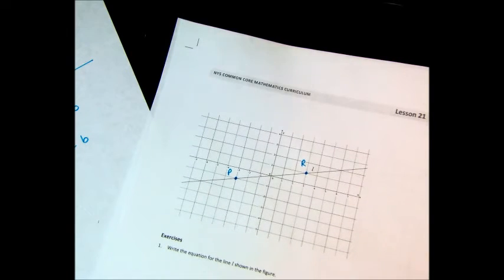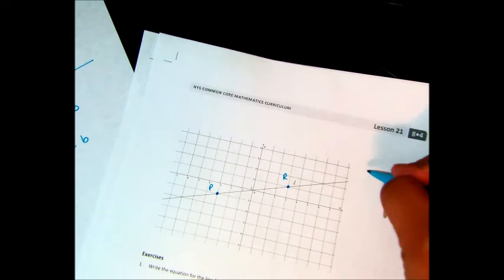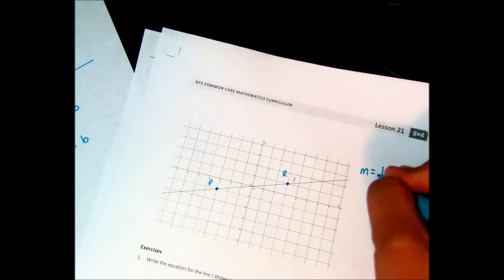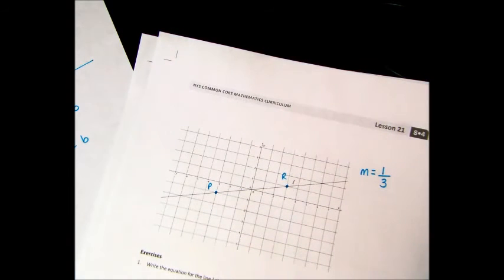What information do we need to know to begin to draft the equation of this line? We need to know our slope. So I've identified my 2 points that I'm going to use to calculate slope. Slope of this line is going to be 1 over 3.